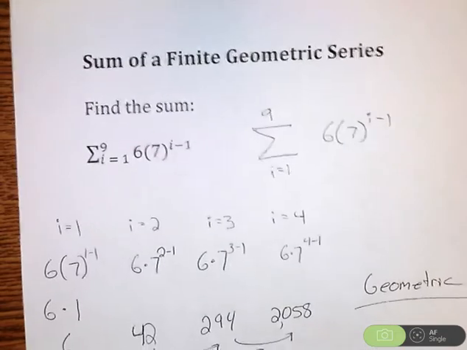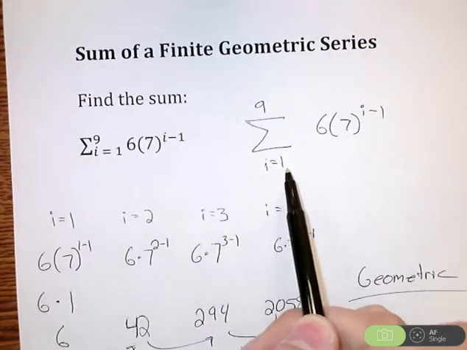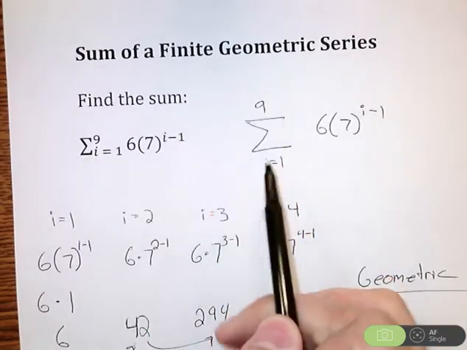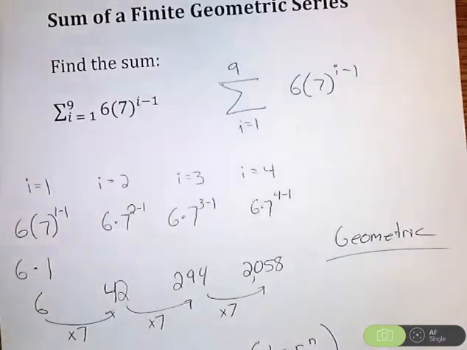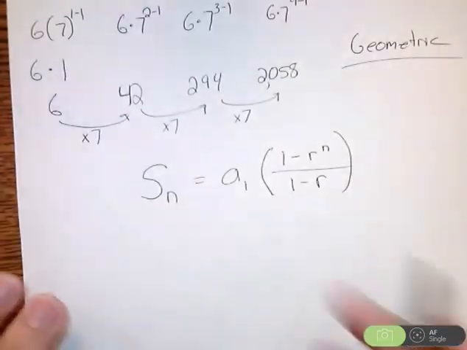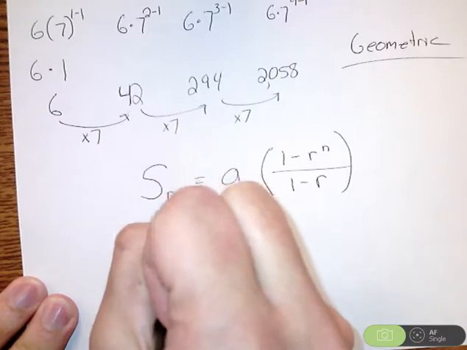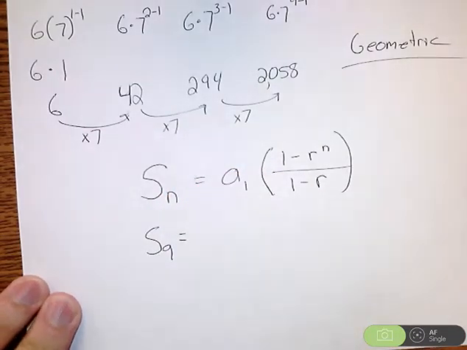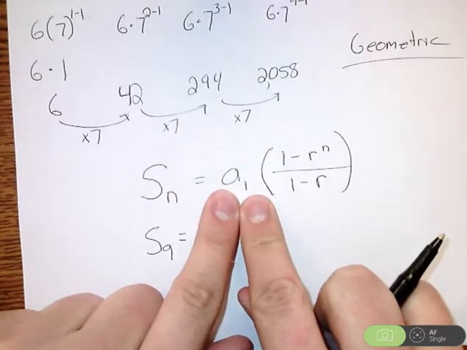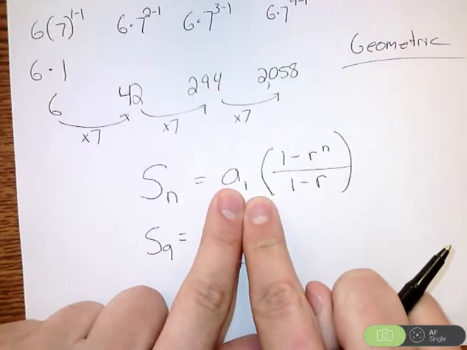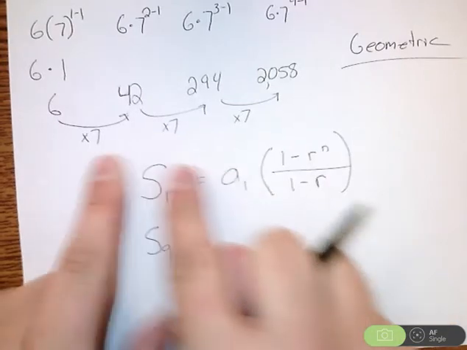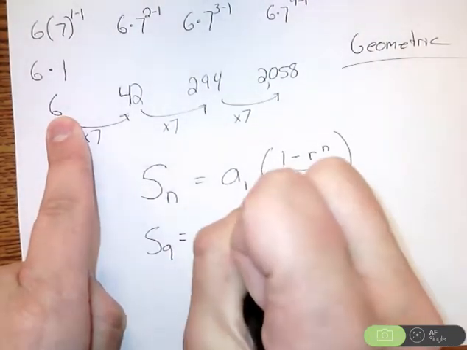Looking at my original problem, I started with i equals 1 all the way up to 9, so I'm finding the sum of 9 terms. So I'm finding S of 9 equals a1. a1 represents the first term, which I found. It's 6.